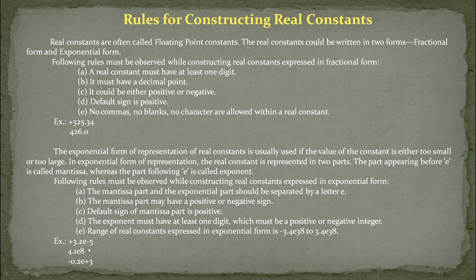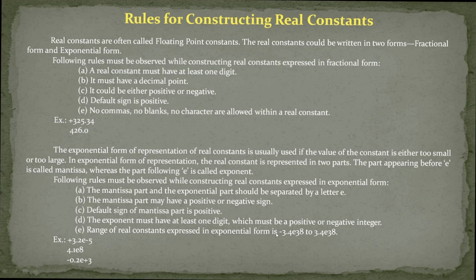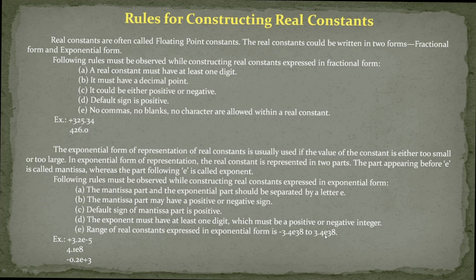It may be negative or positive. The range of a real constant expressed in exponential form is minus 3.4 e to the power 38 to 3.4 e to the power 38, and this exponential form belongs to this range.